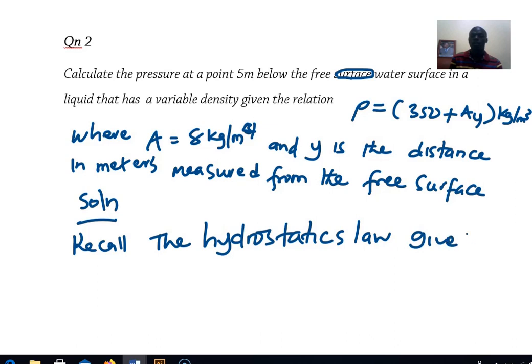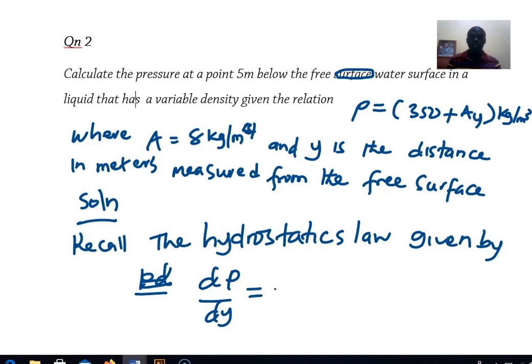We know that the rate of increase of pressure in a vertical direction, that is dP/dy, is equal to the specific weight of the fluid at that point.